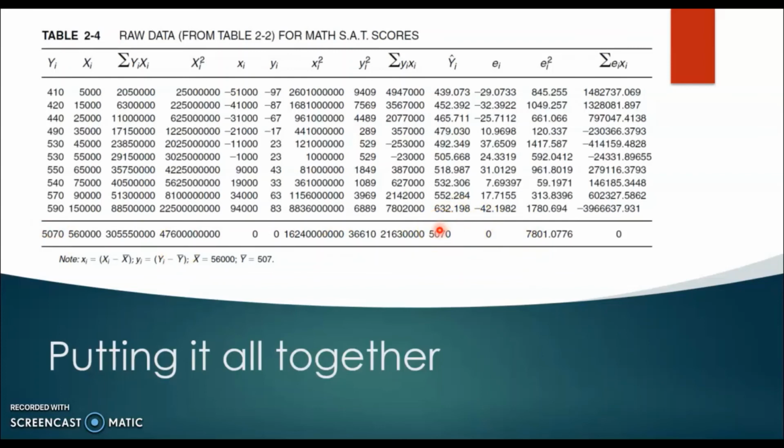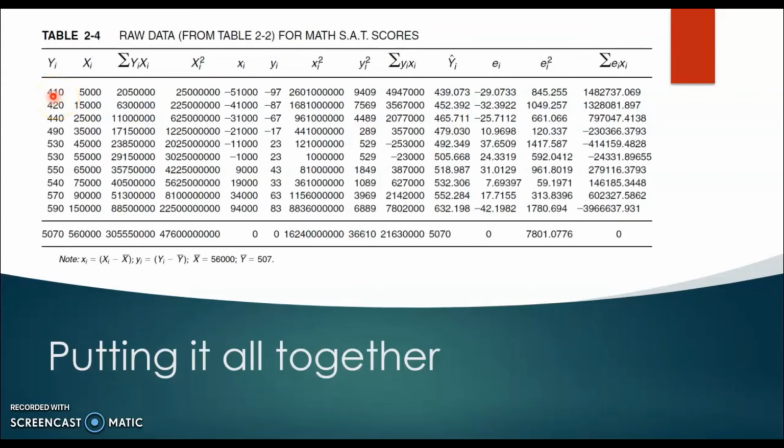Okay, so after we obtain the predicted value for each observation and the sum of predicted value of y, represented by y cap here, the next process is to determine the residual. Remember, the residual is the difference between the actual y, based on each observation, and the predicted y.